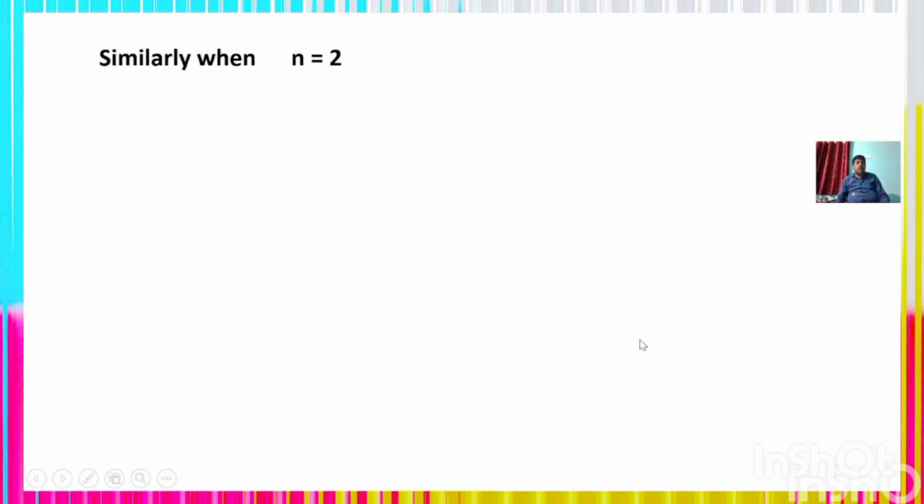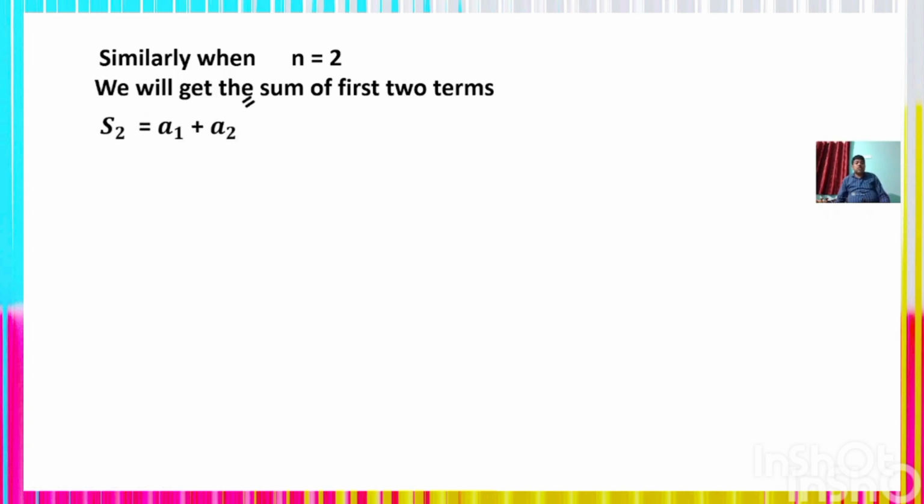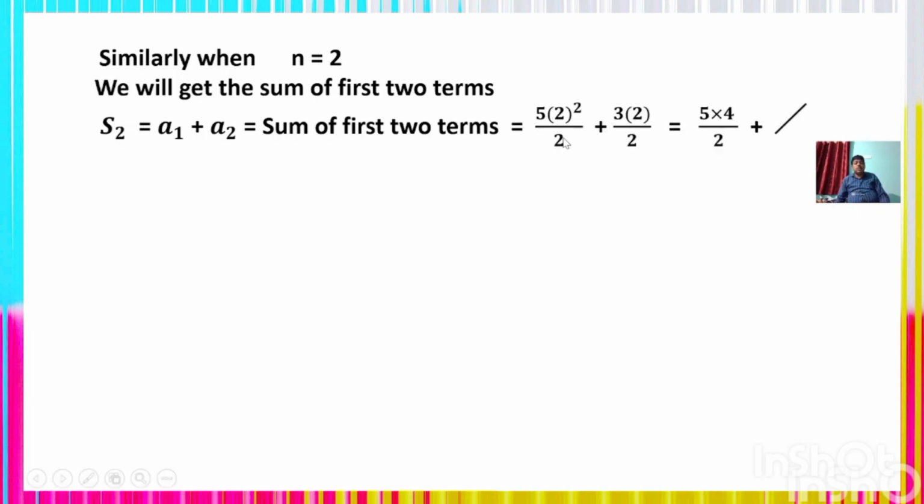Similarly, when n is equal to 2, we shall get the sum of the first two terms of the AP, which is S2, and S2 is equal to A1 plus A2, the sum of the first two terms. In place of n, you write 2, which is 5 into 2 whole square by 2 plus 3 into 2 by 2, which is 5 into 4 by 2 plus 2 into 3 by 2. Let us cancel.